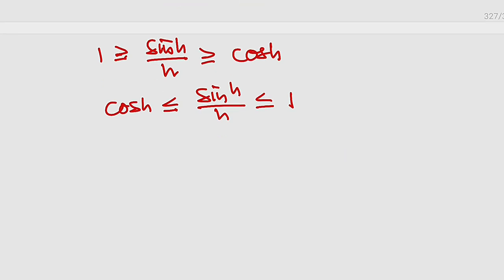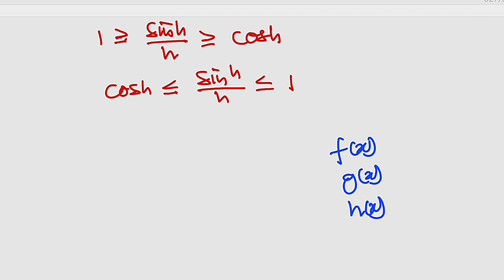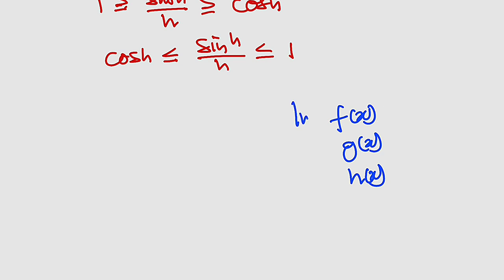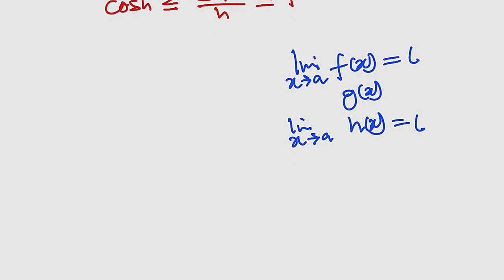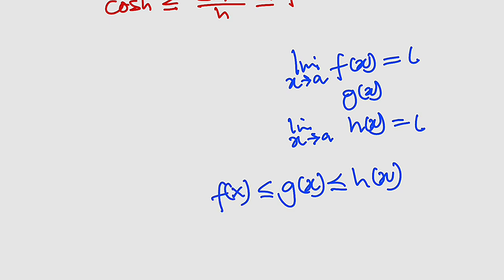It stated that if you have three functions, f of x, g of x, and h of x, and it happens that the limit of the first one as x approaches a, for example, is equal to L, and the last one, the limit as x approaches a again is equal to L, and it happens that this g of x is less than h of x but greater than f of x, and we know that this and this have the same limit.